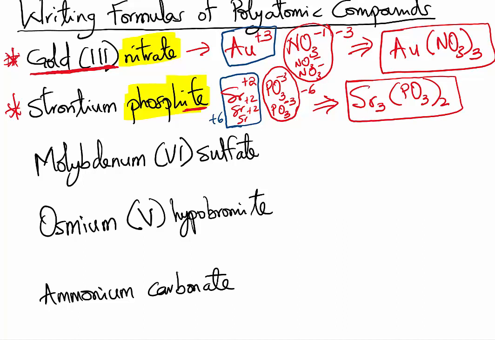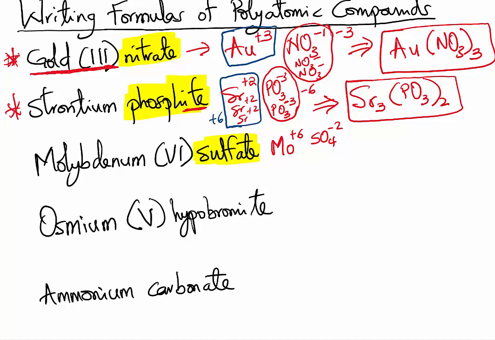Let us take a look at molybdenum 6 sulfate. We have molybdenum with a charge of +6. And we have sulfate, which is a polyatomic ion, and the ate is a giveaway. It means it is a member of a family with more oxygen atoms in it. So, from what we learned about sulfate, it should be SO4 with a charge of -2.